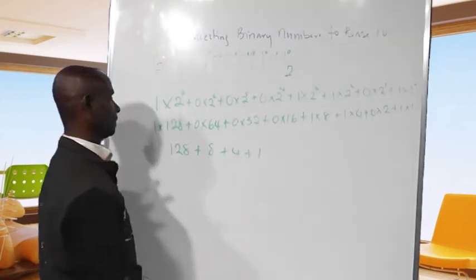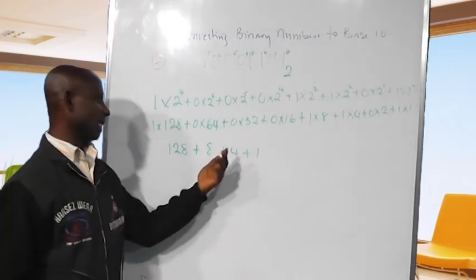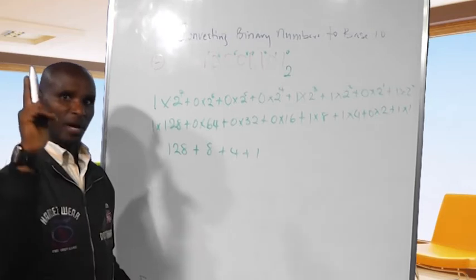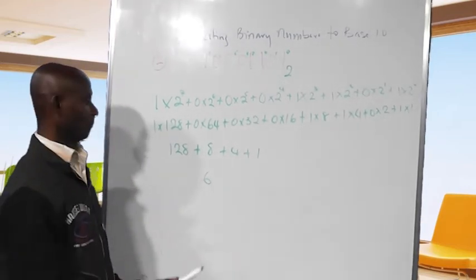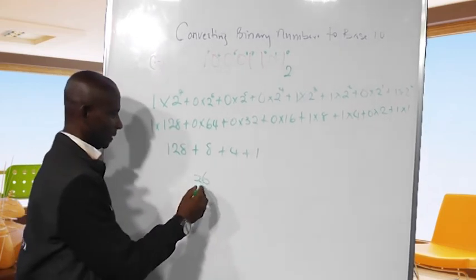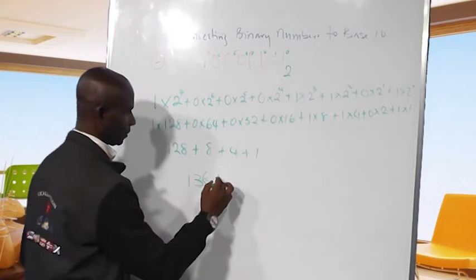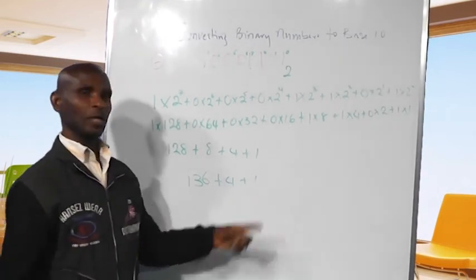So let's add together. 128 plus 8, 4, 1. 8 plus 8 is 16, and you have 1 carried. That's 6. You have carried 1. You add the 1 here, you have 3. You add this 1 here, you have 1, 3, 6 plus 4 plus 1. 1 plus 4 is 5.